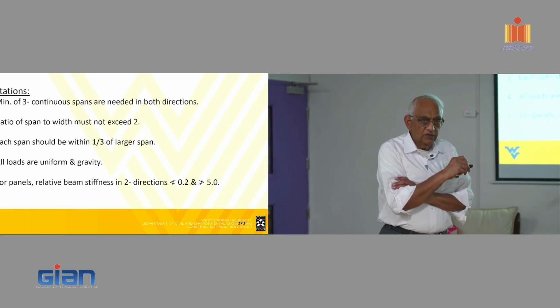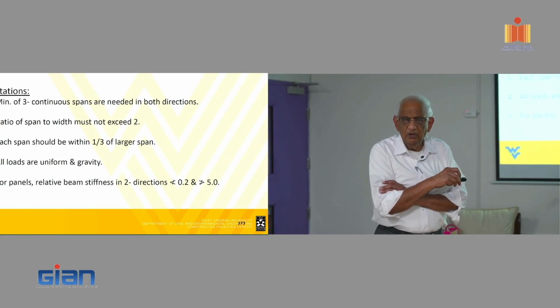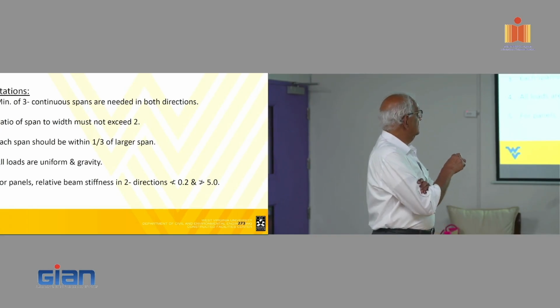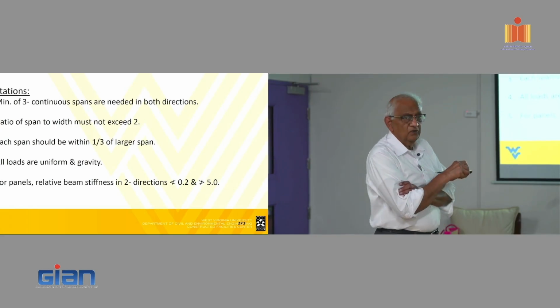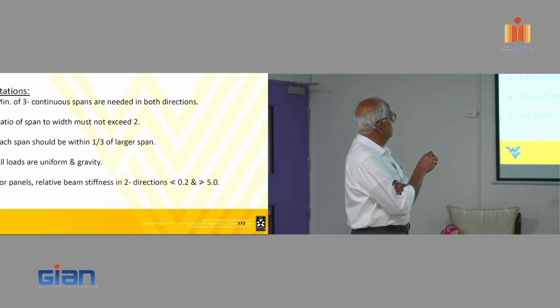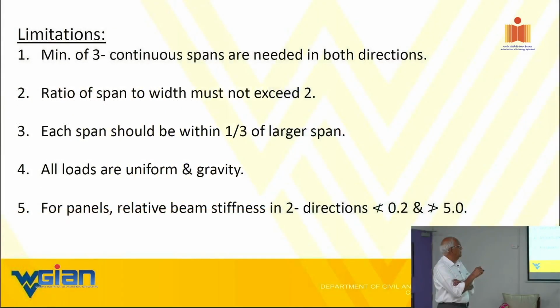In other words, the direct design method I'm going to talk about is not applicable if these limitations are not satisfied. What are the limitations? Example, ratio of span to width ratio. Each span should be within this. In other words, if I have 3 spans, for example, one span is 30 feet, the other span we tolerate if it is 35 or 40 feet, but we don't tolerate it if it is 55 feet. Yes. It won't work. The method won't work. That's what I mean by tolerate.